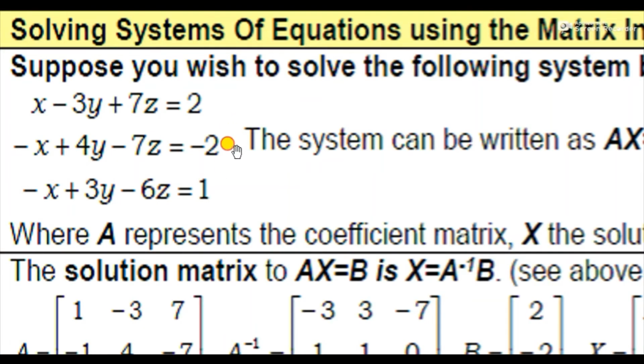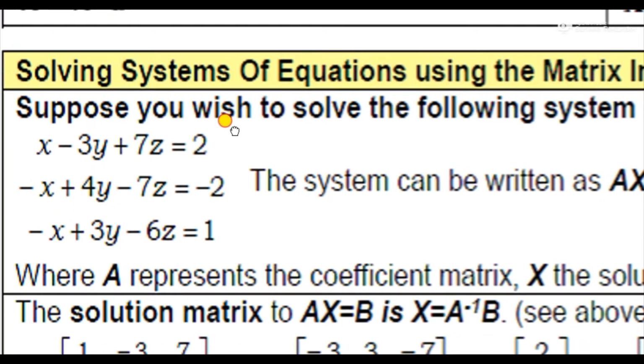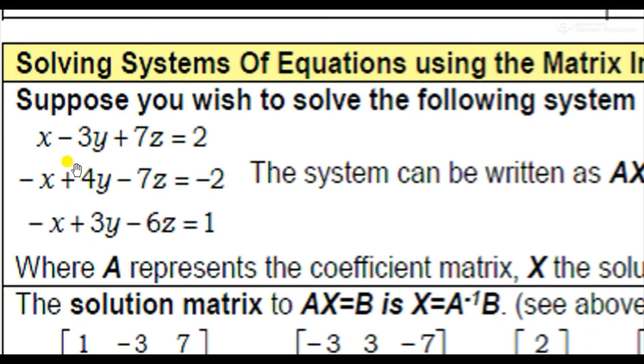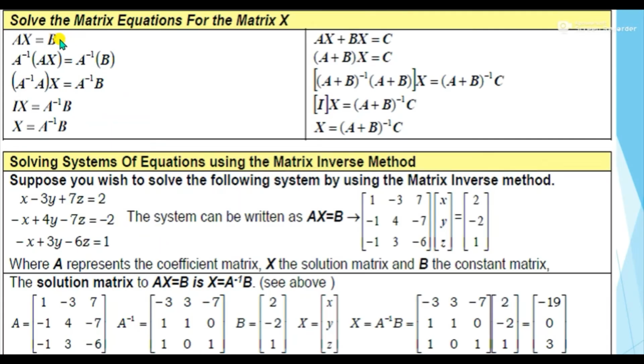Now coming back to the question, these were the equations given to us, and we have to find the value of X, Y and Z. We will use the formula X equals A inverse B to solve these equations.